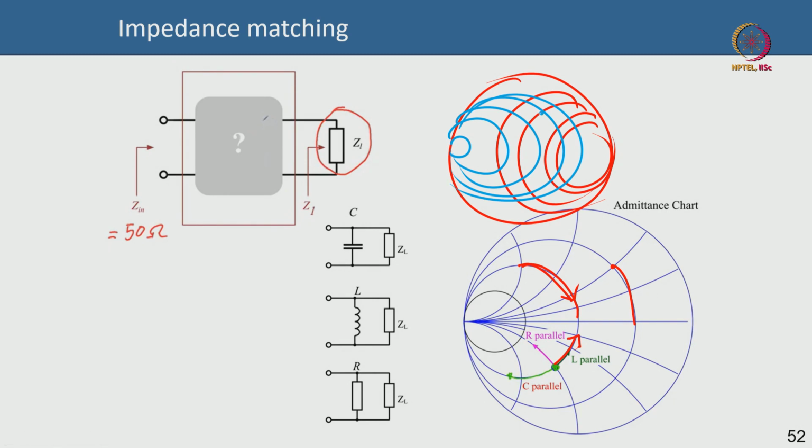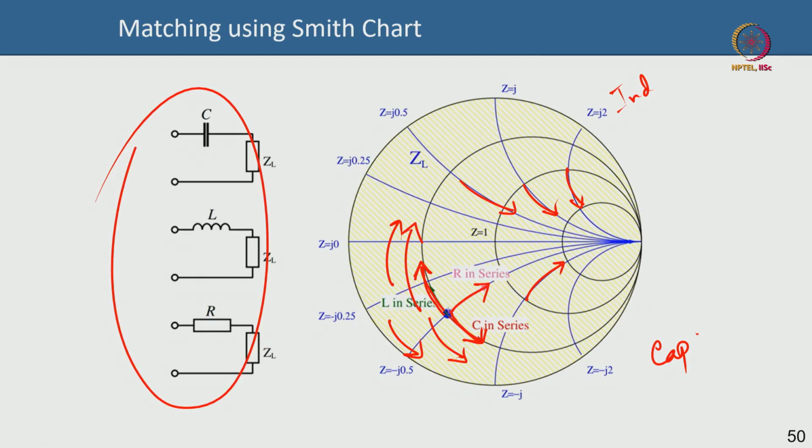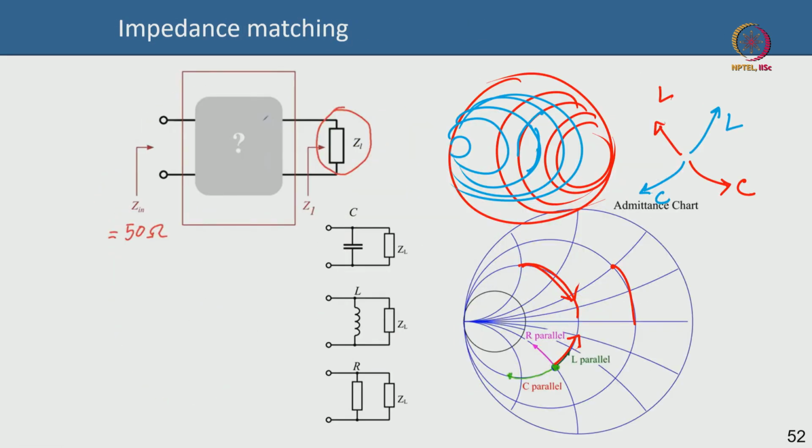You have to move from admittance to impedance, impedance to admittance, and that is why you have to keep in mind that an inductor in parallel goes like that, a capacitor in parallel goes like that in the admittance chart, okay, and in series an inductor goes like that and a capacitor goes like that, okay.